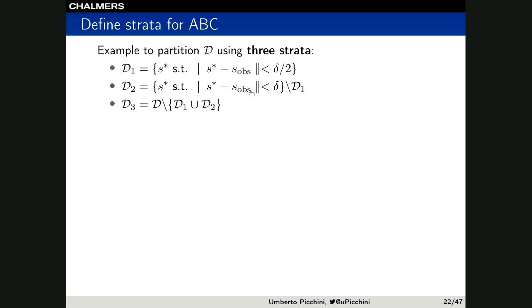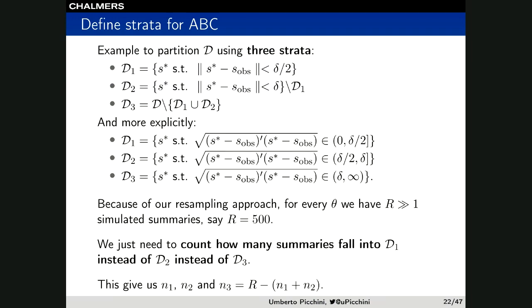The second stratum will be the summaries that fall within a radius delta, excluding the most inner stratum. And the third and last stratum could be everything that is left. So for example, if we use a Euclidean distance, this could be a trivial way to approach this problem.